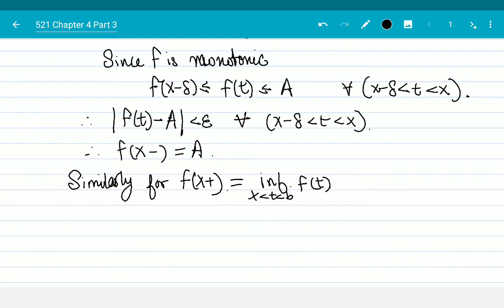Now we want to show that these satisfy the following condition.